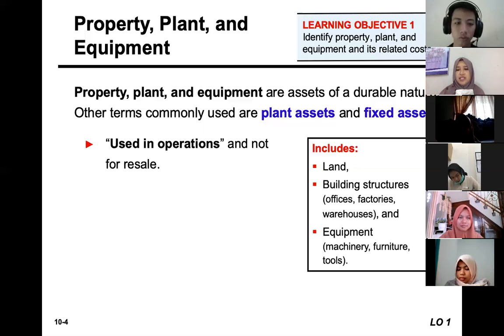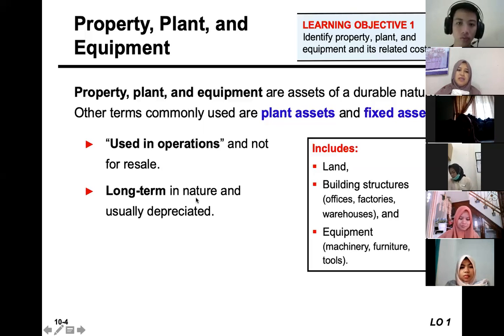Or it buys the building for the purpose of using it for their operation, not for the objective of selling it again after some time. So this is the first requirement for the asset to be included in the PPE. It must be used for operation. And then it must be long-term in nature and usually depreciated. Because it is durable, it is long-term in nature. It shouldn't be for short-term.